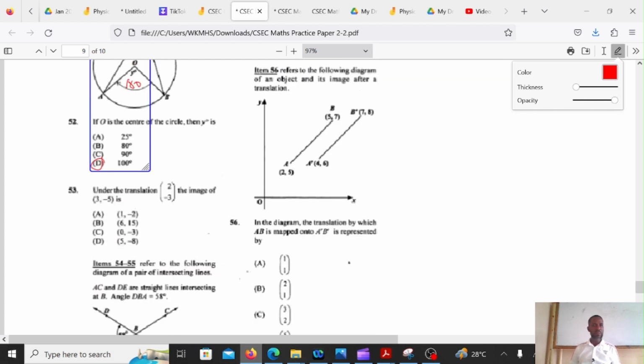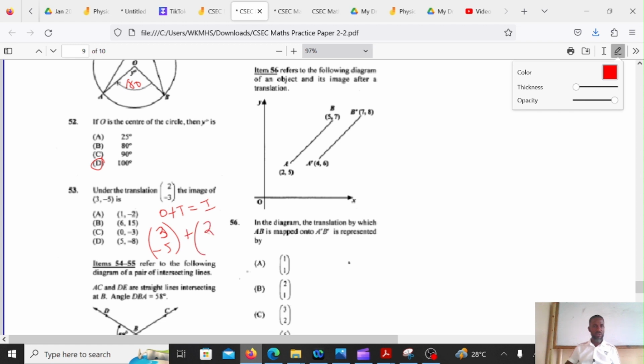Under the translation, the images of 3 and 5 is, so we know that the object plus our translation is equal to our image. So therefore, 3 negative 5 plus 2 negative 5.